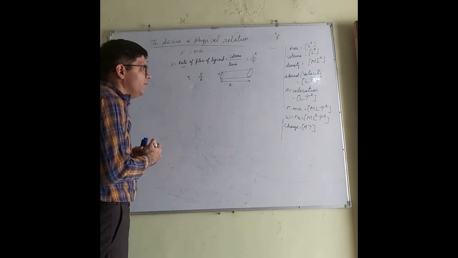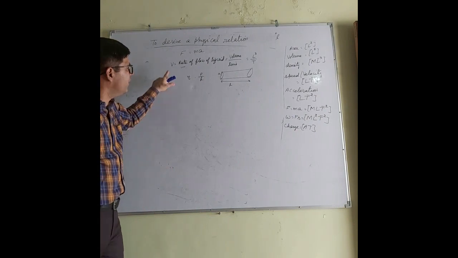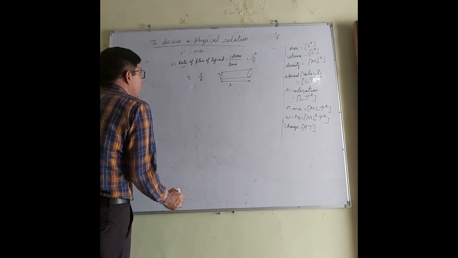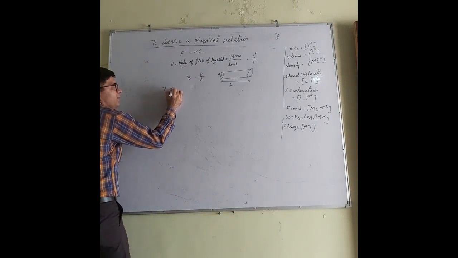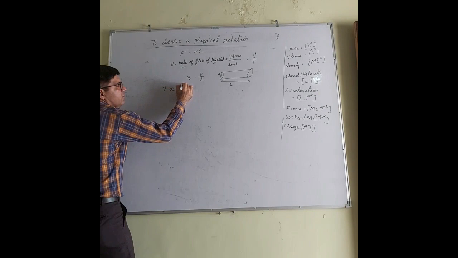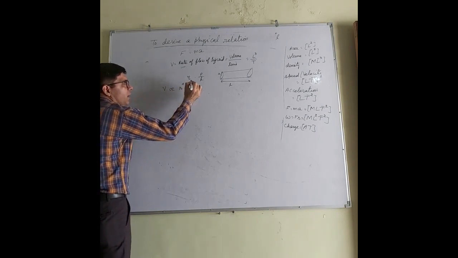Listen students, before deriving the formula, you must know what the factors are which affect V. It is given V is directly proportional to radius to the power a, coefficient of viscosity to the power b.